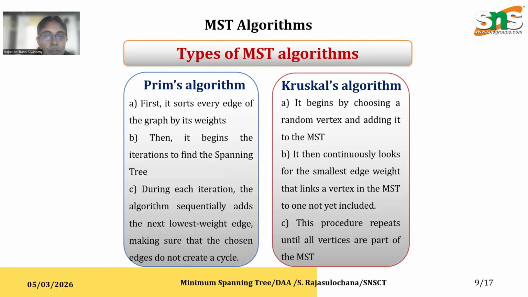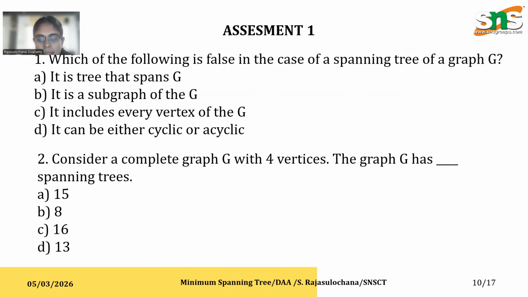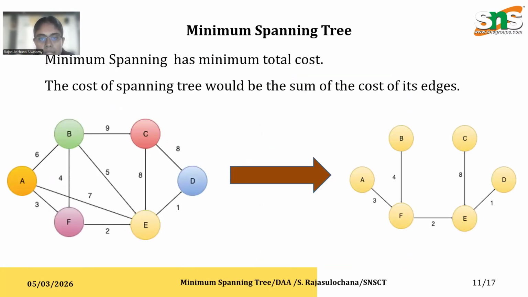Then it continues to look for the smallest edge weight among its connected vertices. You will understand this even better with an example. This procedure repeats until all the vertices become part of the minimum spanning tree. First, let me explain with an example.